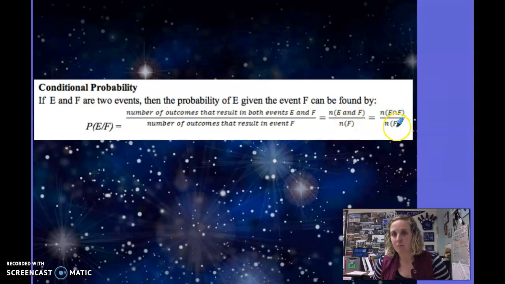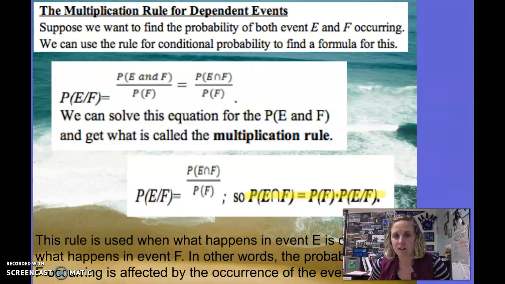If I multiply both sides by the probability of F, that's how we're getting our current formula, which is right here. Okay, so the intersection equals the conditional times the total of F. So this is the same formula. I'm not asking you to memorize this, just solved for a different variable.